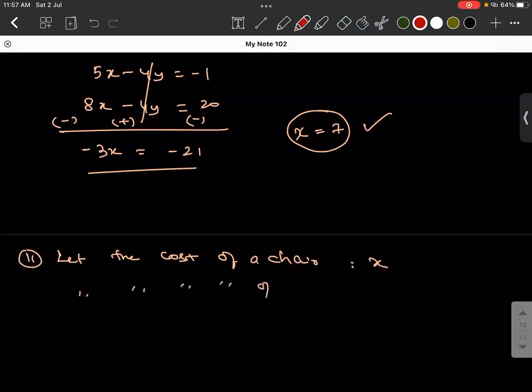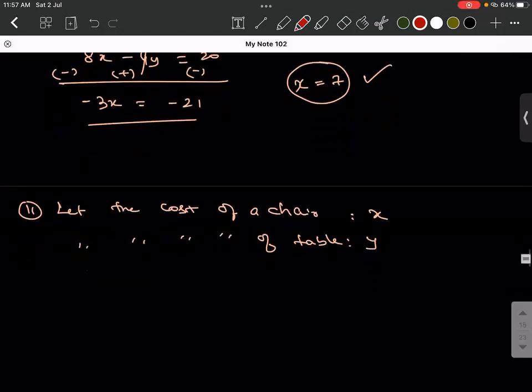Similarly, let the cost of a table be y. So 3 chairs plus 2 tables cost 1850.